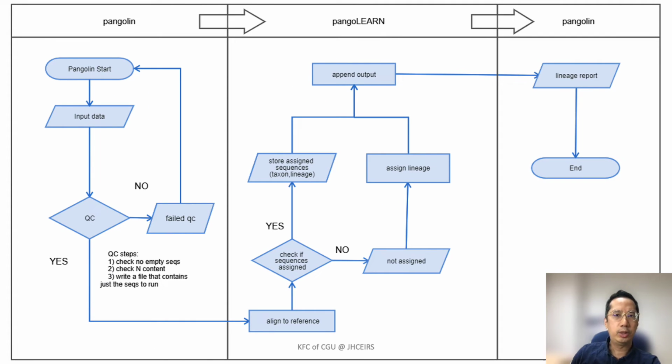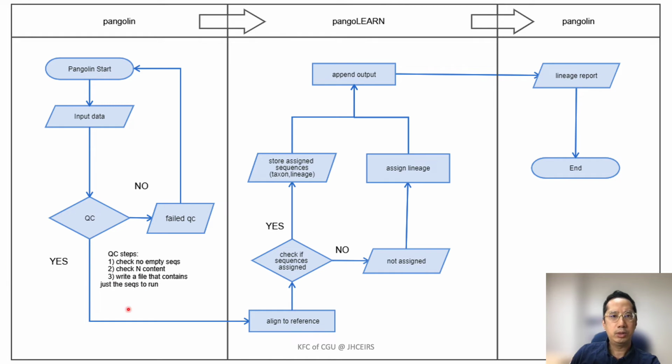Now this is an illustration of how the PangoLEARN system is able to do the QC and the following procedure. Once we have the input data, we first do the QC to check for empty sequences and to check the N contents, and then we write the final file that contains the correct sequences.